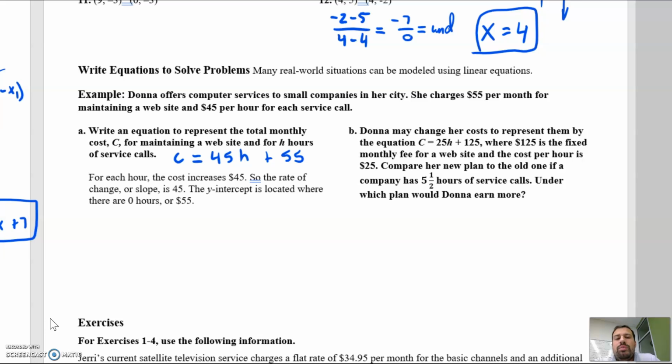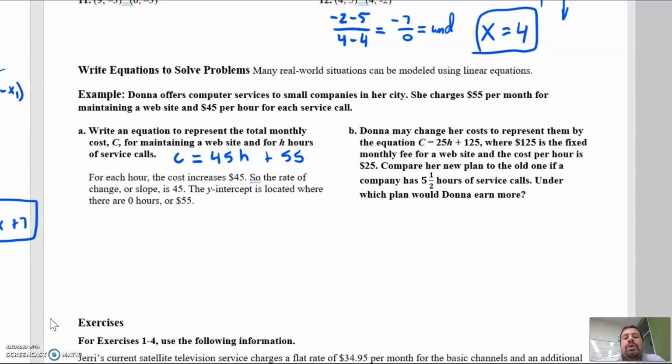write the equations to solve problems, many real-world situations here. It says, Donna offers computer service to small companies in her city. She charges $55 per month to maintain a website and $45 per hour for each service call. Write an equation to represent the total monthly cost C for maintaining a website and for H hours of service.